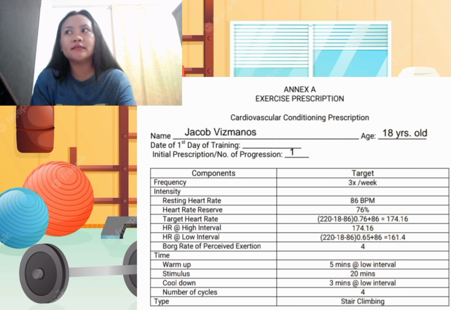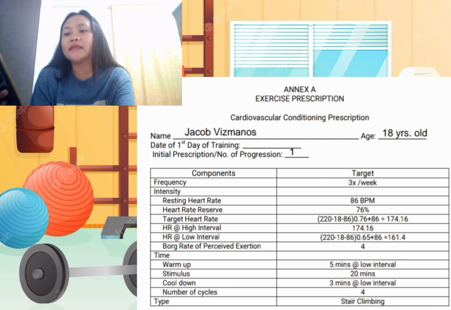For the talk test, you supervise your trainee to do certain exercises, and we test if he or she is able to talk or sing after the exercise. Since Jacob is able to talk after the exercise, according to the tables, Jacob is under the 4 rate of the modified Borg scale.